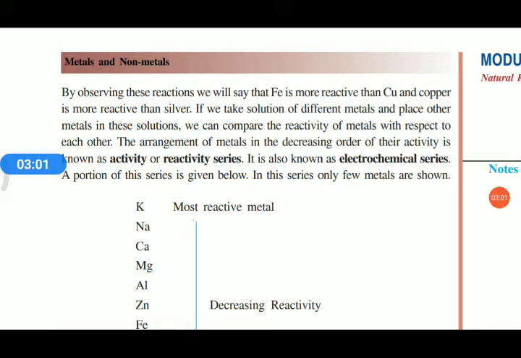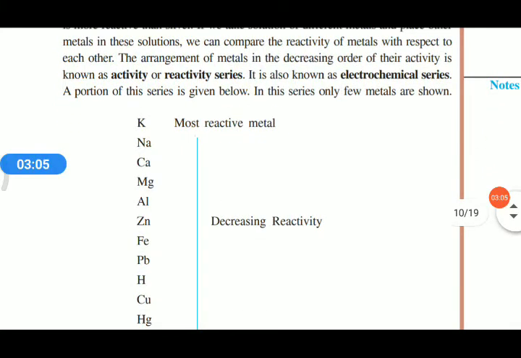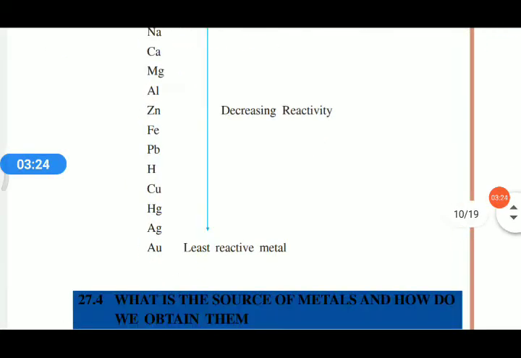We can see a portion of the electrochemical series in our text. The first metal is potassium. It is more reactive than sodium. We know sodium and potassium react with air and water when we put them in air or water. Then calcium, magnesium, aluminum, etc., in decreasing reactivity. Ag, Au, that means silver and gold, are the least reactive metals.